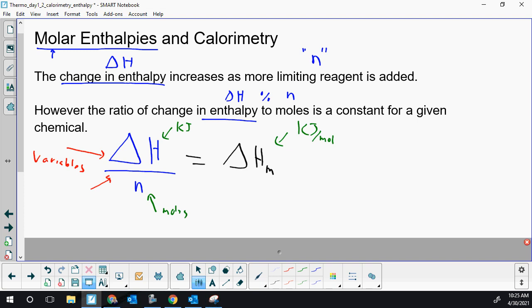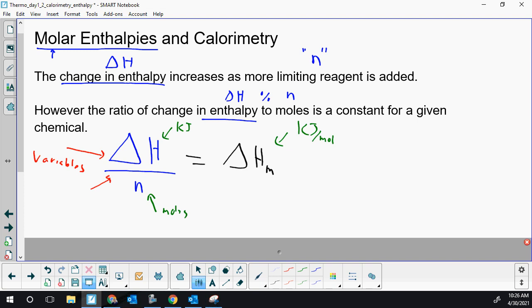Every chemical for a given reaction type is going to have a constant molar enthalpy. If you look at methane, that is heating your house or heating your hot water tank, methane releases so many kilojoules for every mole that reacts. That is never going to change. All you can do is put in more moles of methane or less moles of methane, and you'll get more or less energy.